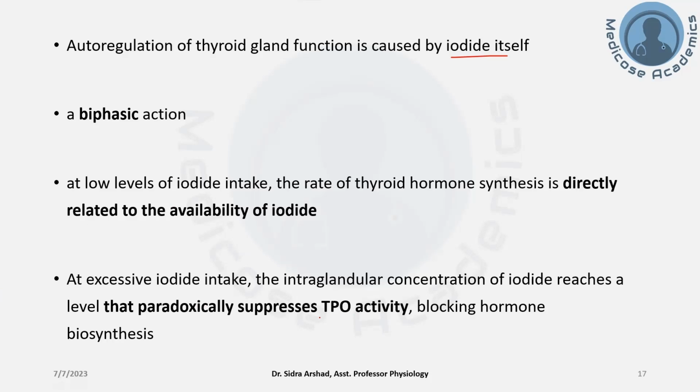When the thyroid peroxidase activity is paradoxically suppressed by these excessive iodide concentrations inside the follicular cell, the synthesis of thyroid hormones decreases. So this is the biphasic action: at lower quantities, the synthesis of thyroid hormones is proportional to the presence of iodide ions inside the follicular cell, but if the iodide ions reach an excessive concentration, there is a paradoxical suppression of thyroid peroxidase activity, so the synthesis of thyroid hormones is actually decreased.